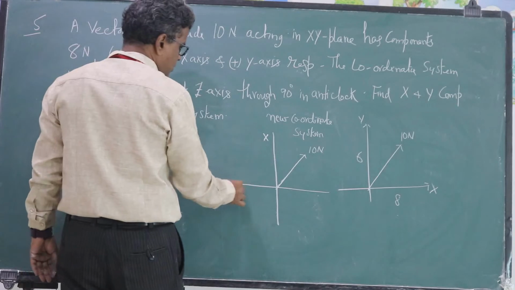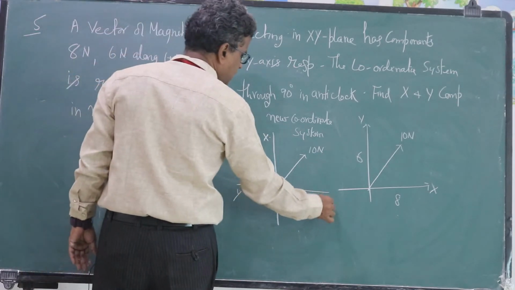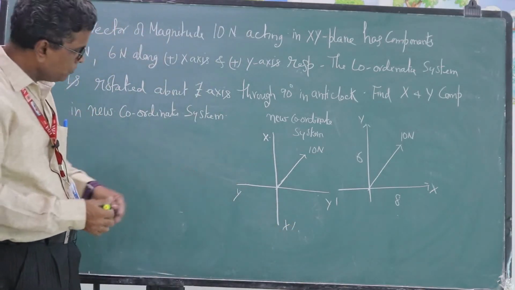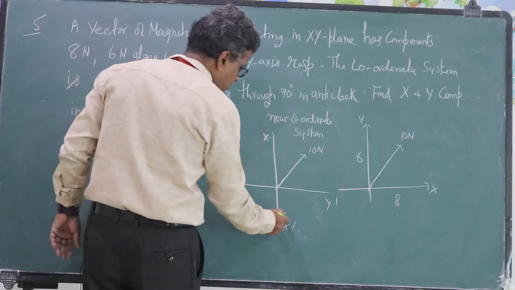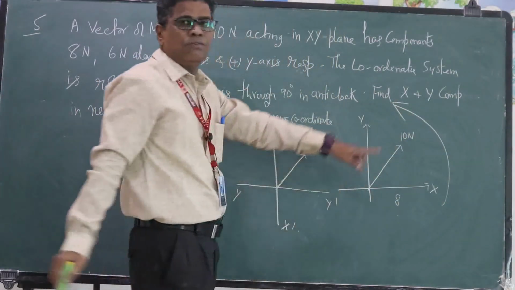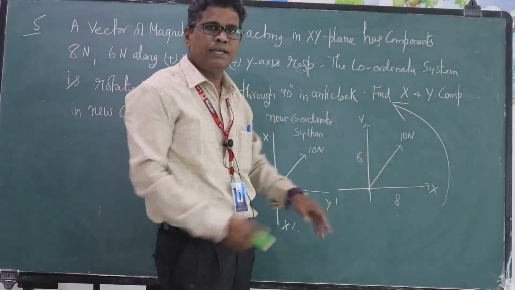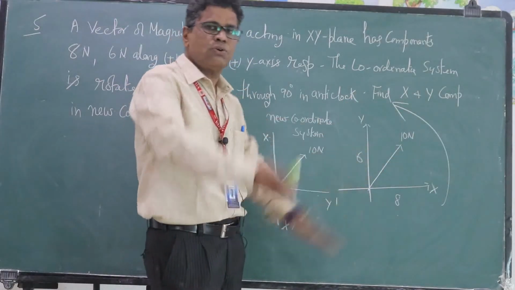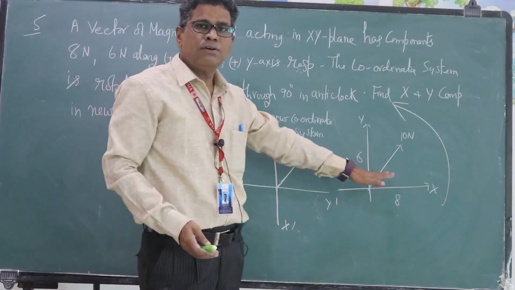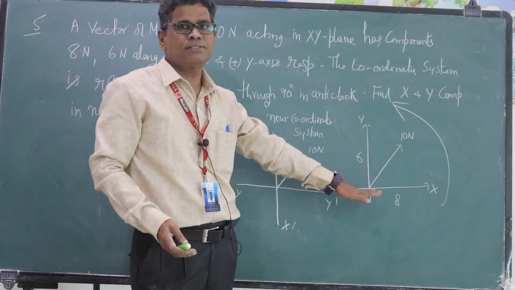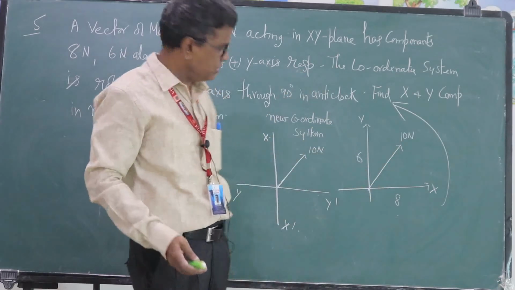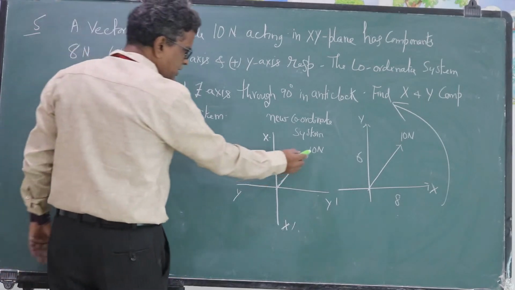So the old y axis becomes the negative x axis, and the old x axis becomes the negative y axis. This is the new coordinate system. I just rotate this system through 90 degrees without rotating the vector. The components of the vector will change, but the magnitude and direction remain the same.